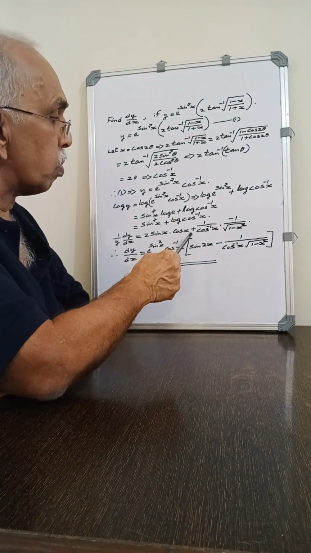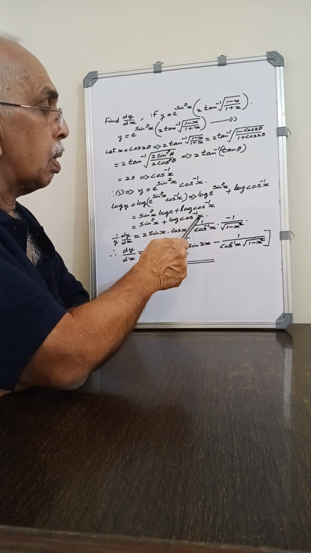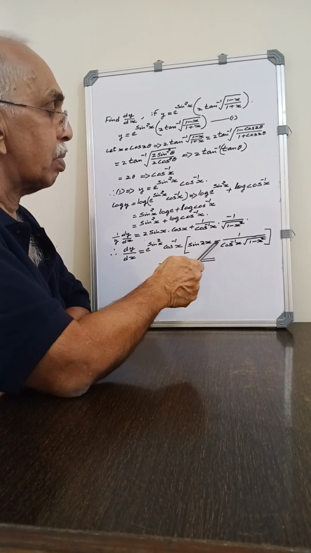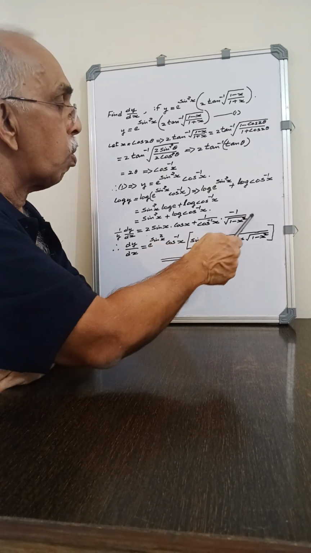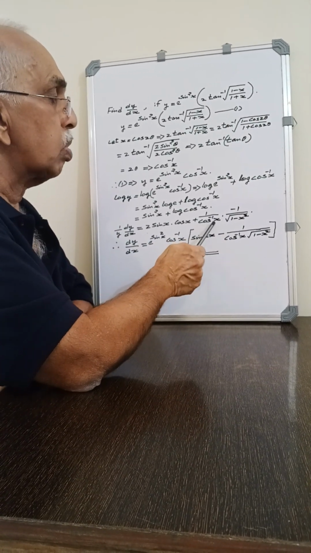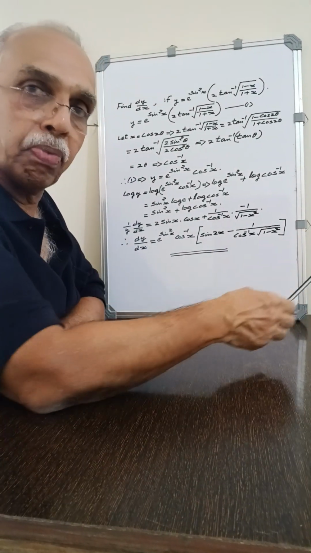Therefore, 2 sine x cos x equals sine 2x. Then minus 1 into 1 by cos inverse x into root of 1 minus x squared, that is, minus 1 by cos inverse x into root of 1 minus x squared, is defined as the final answer.